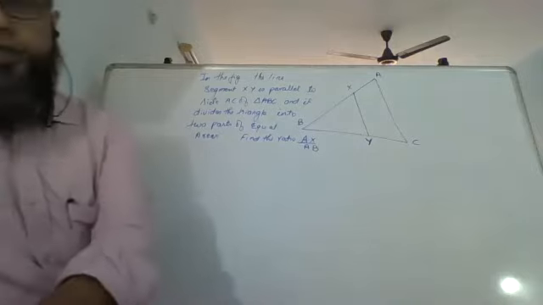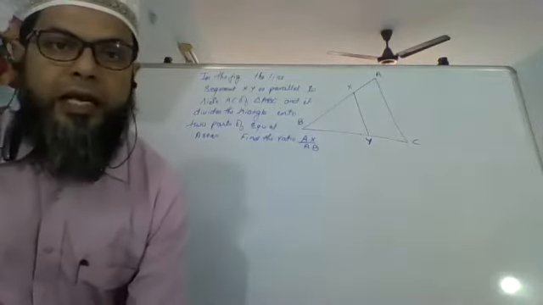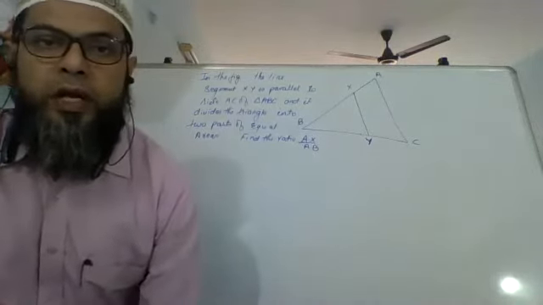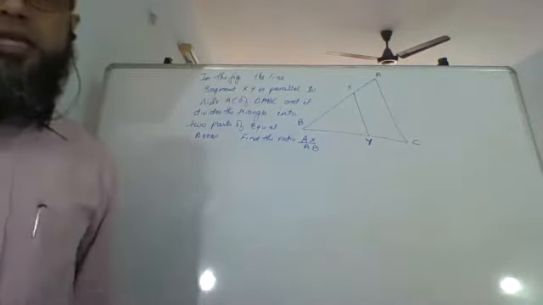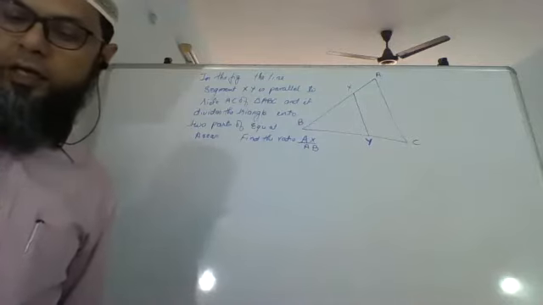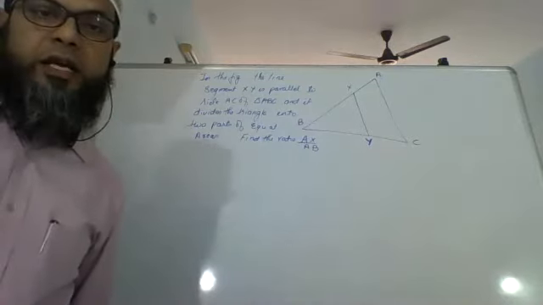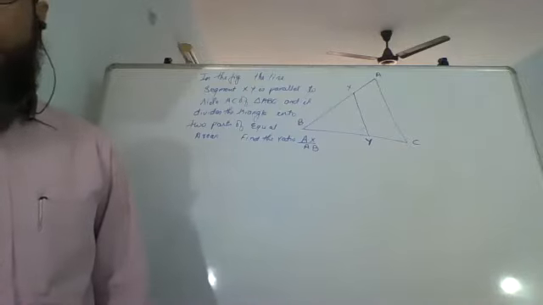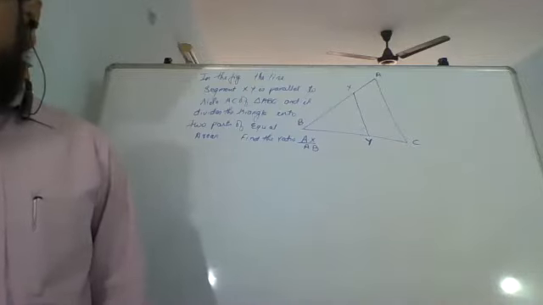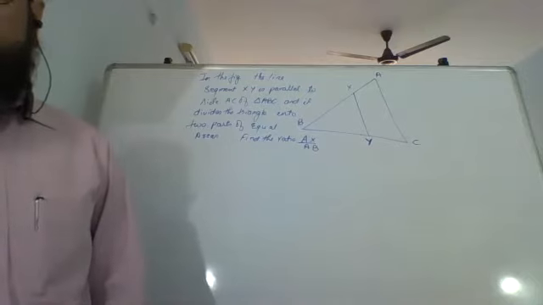Okay, copy this question. In the figure, the line segment XY is parallel to side AC of triangle ABC, and it divides the triangle into two parts of equal areas.